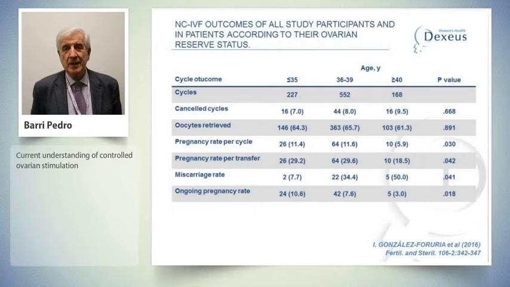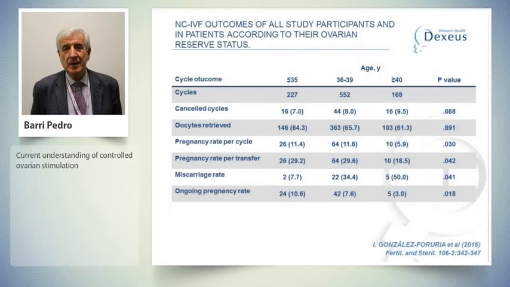And here are the results published by Iñaki González from our group, in which he presents the results obtained in natural cycle in 3 different age categories for poor responders: younger than 35, 36 to 39, and over 40. And you will see that the pregnancy rate per cycle remained more or less stable, around 11% per cycle, which is low, but is the last hope for these patients.